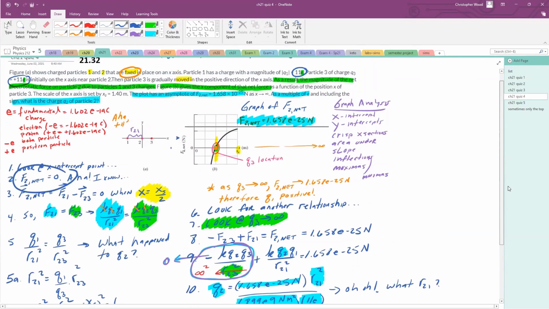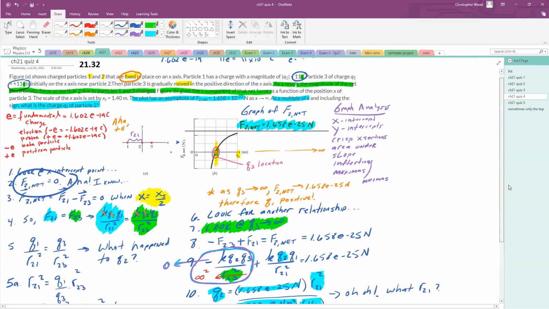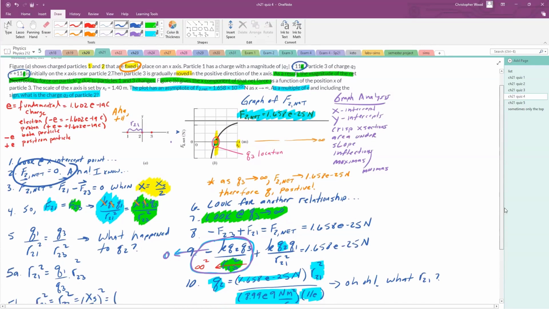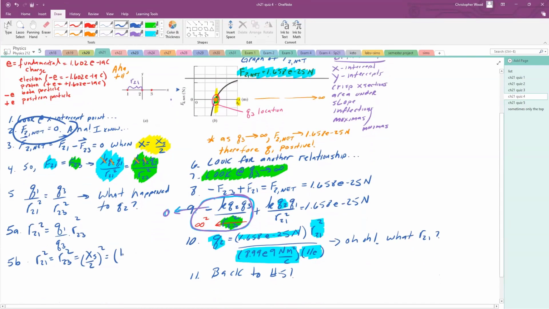My XS is 1.4 meters, so 1.4 meters all over 2 is 0.7 meters, squared equals 0.49 meters squared. And let me just double check myself.